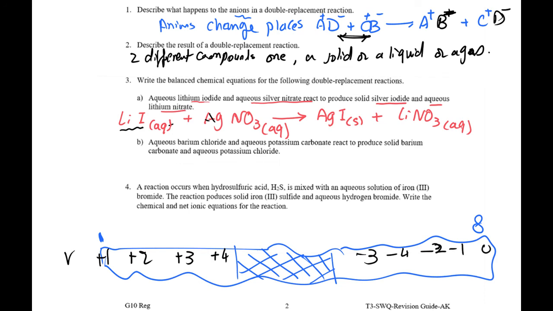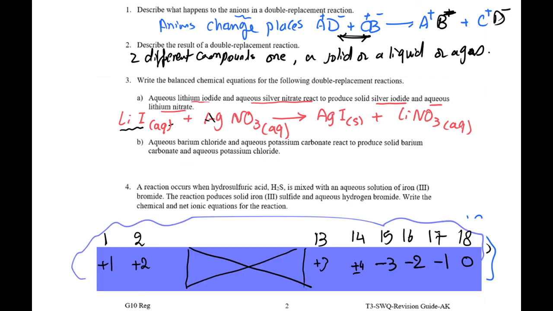So if you have an element in group 1, it has a valency of 1. In group 2, a valency of 2, and so on. Or according to the table we have, it will be groups 13, 14, 15, 16, 17, and 18.